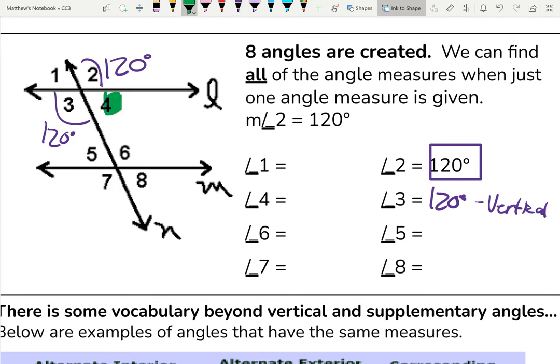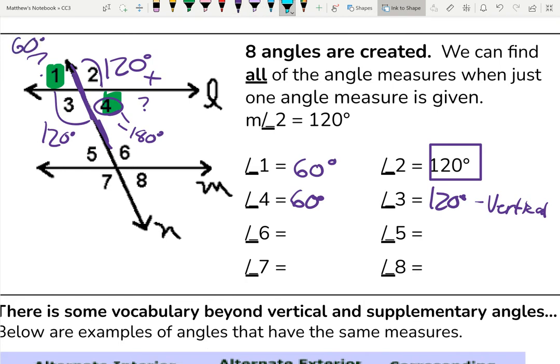Now we've got angle 4, which makes a straight line with angle 2. So they're going to add up to 180. So 120 plus what gives me 180? Well, that's going to be 60 degrees. And since 4 is vertical of angle 1, it's going to be 60 degrees for angle 1 as well.